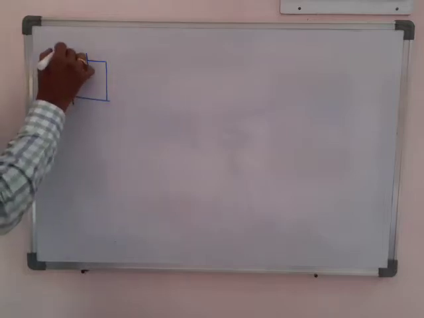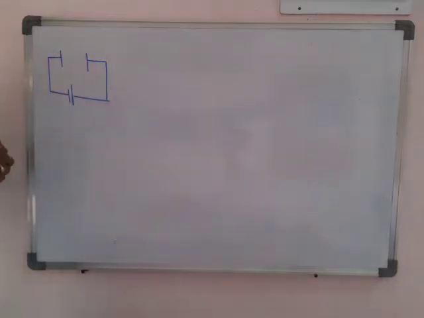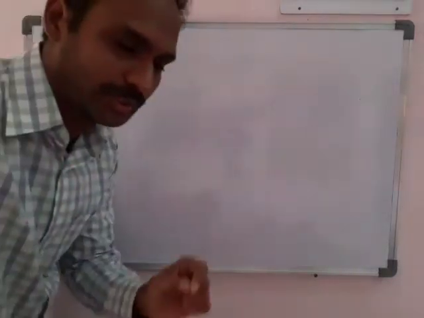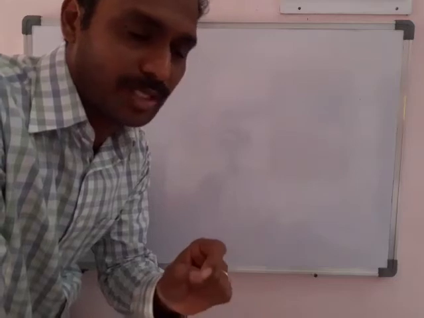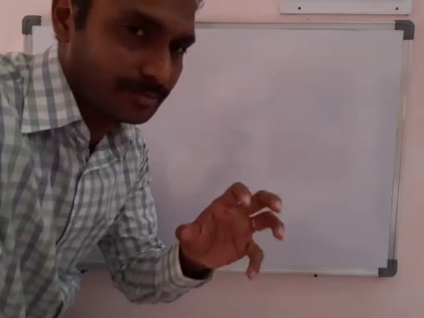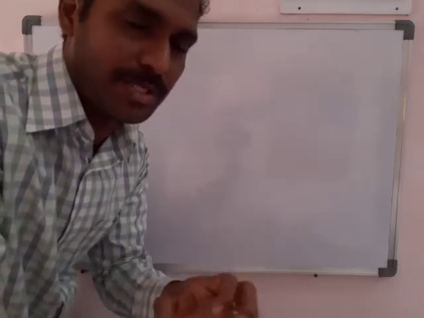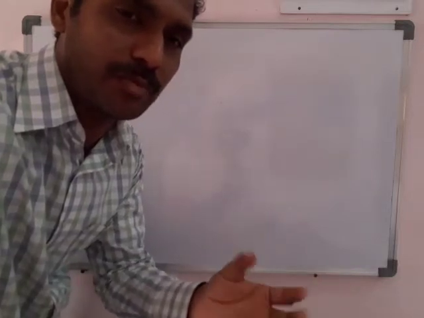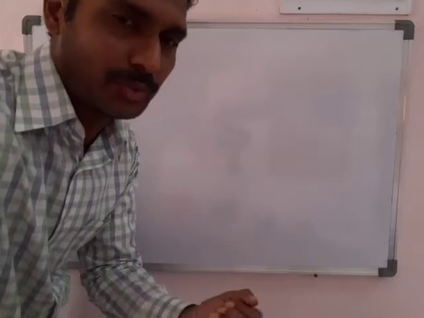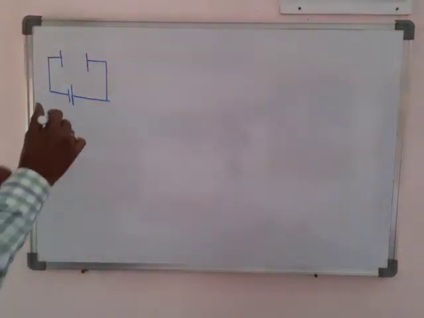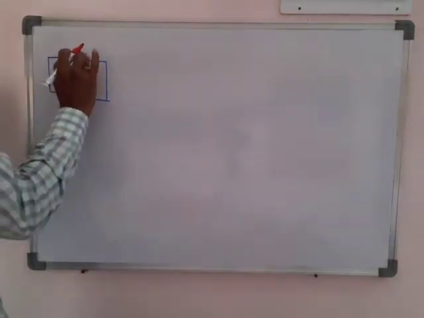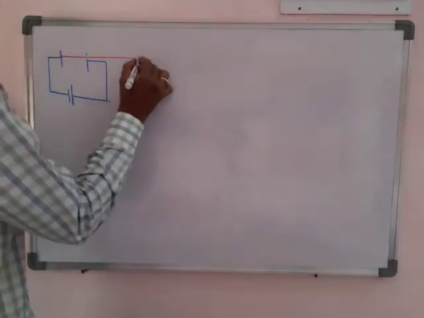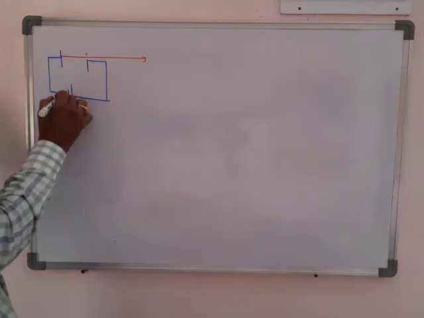We know the rays are released from the cathode. The released rays pass towards the anode with the help of a small hole. Already we know the cathode rays are emitted from the cathode and move towards the anode, using a small hole in the anode. If we make a small hole in the anode, the cathode rays come outside.